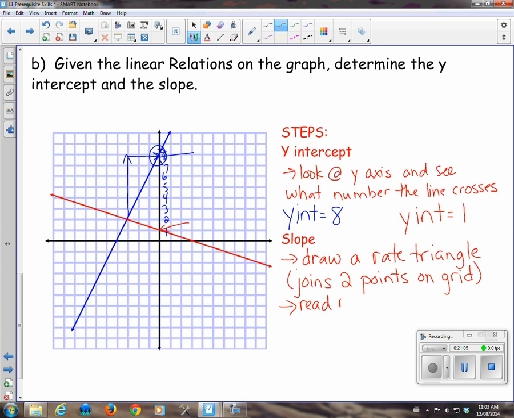Once I draw my rate triangle, I read the rise and the run using the scale. So in this case, my scale is 1. So from this point here to this point here, I have risen 1, 2, 3, 4, 5, 6. And then I do my run. From this point here to this point here, I have run 3.